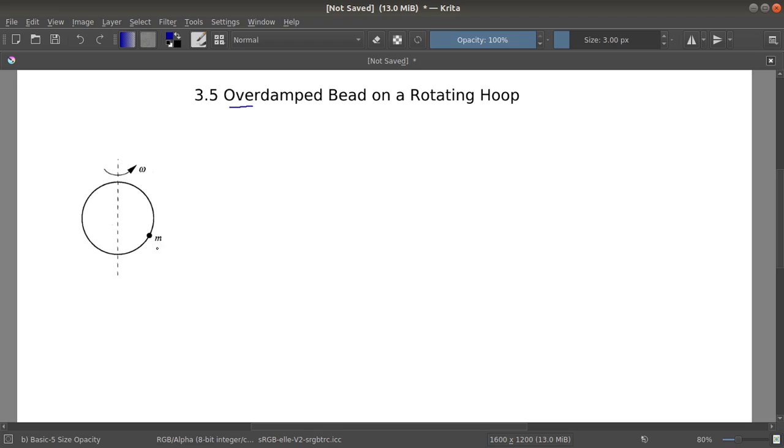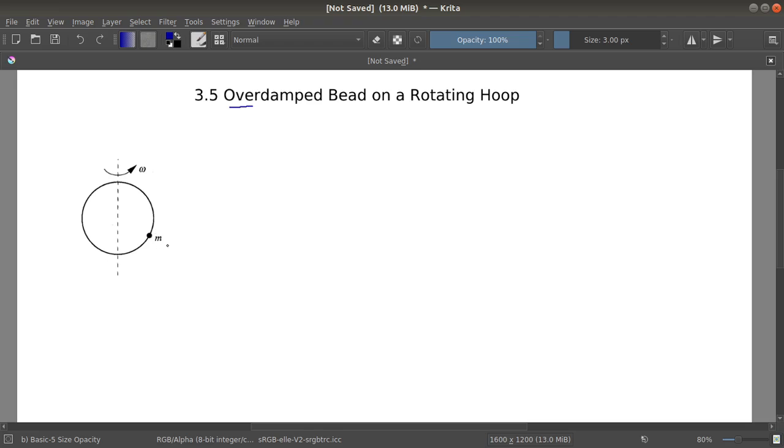So the first thing we have to do in order to do the analysis is to identify the state variables. Here the state variable tells me the position of the bead on the rotating hoop.